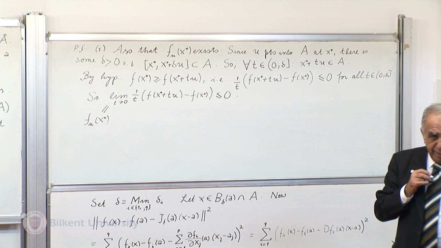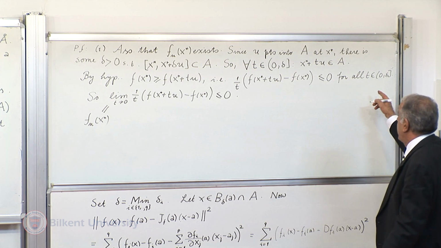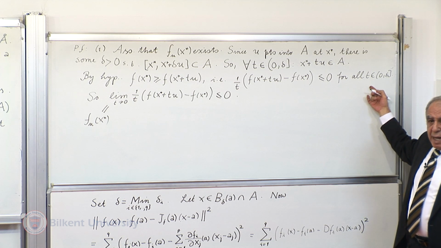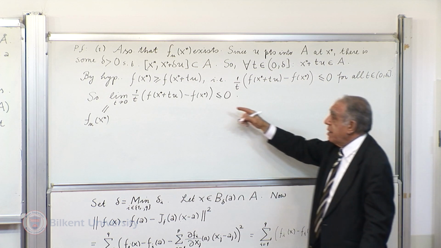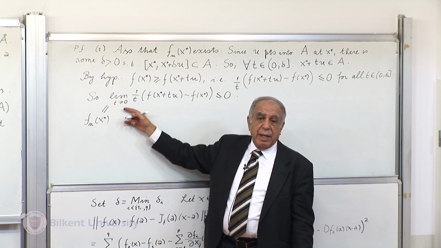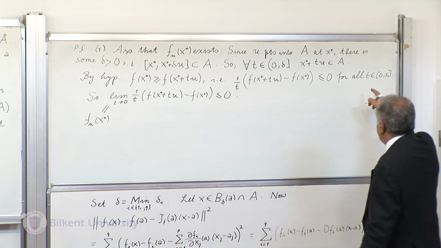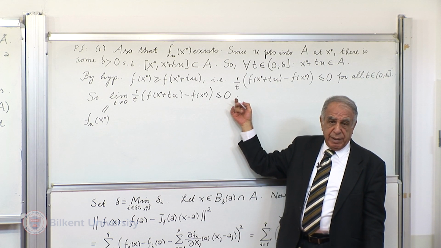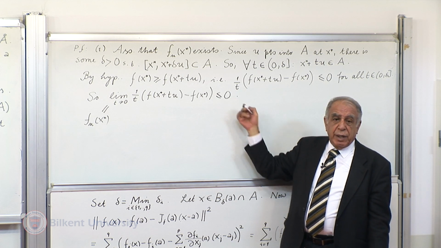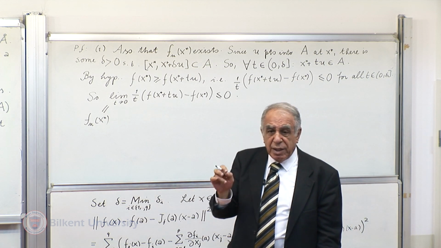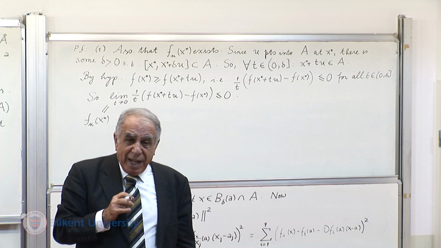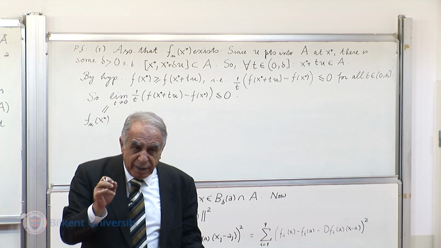One remark here. This is only for t's which are close to 0 from the right, from the positive side. But that makes no difference. We know the existence of this limit. And if this holds when you approach 0 from the right, then it follows that the limit obeys this as well. If we just considered points larger than 0 and arbitrarily close to 0, that would not guarantee the existence of a limit.